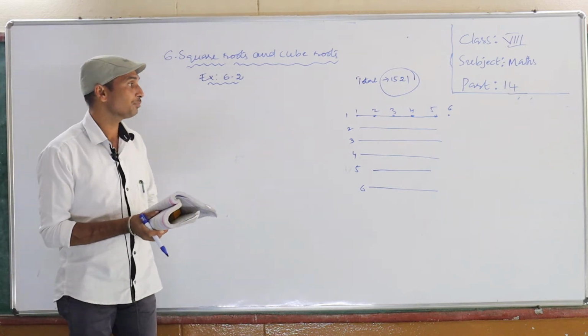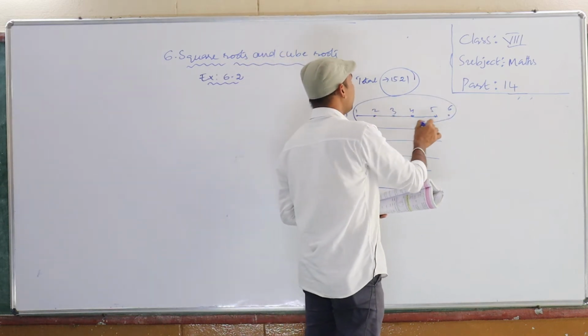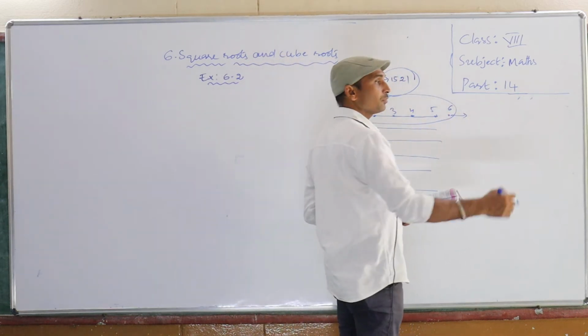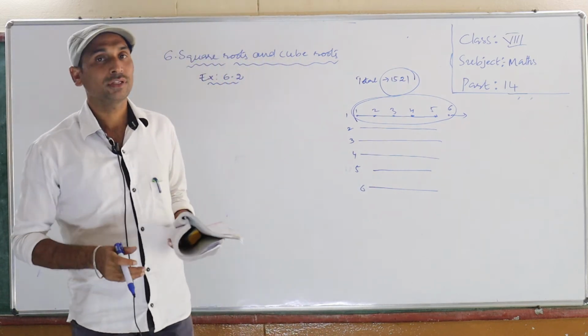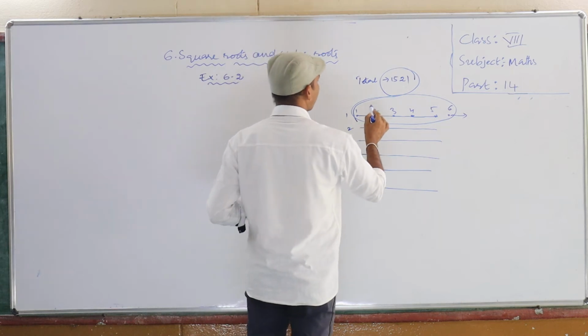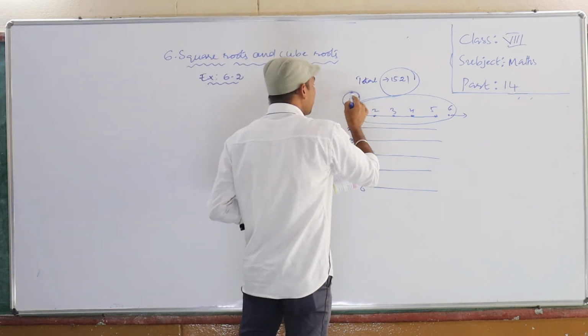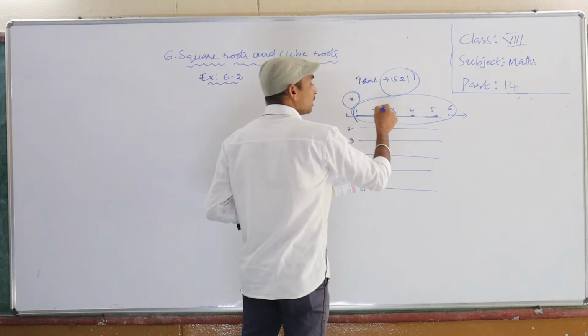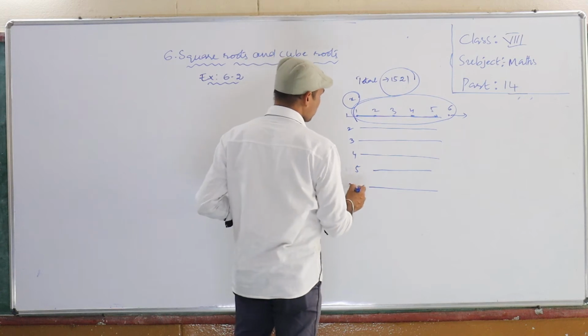See children here. Can you say how many trees are planted in one row? We don't know. So take x. If you take x trees in each row, then how many rows? x rows.